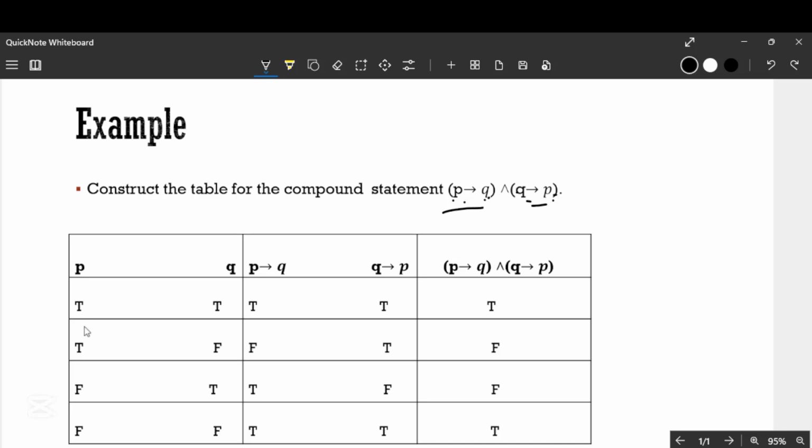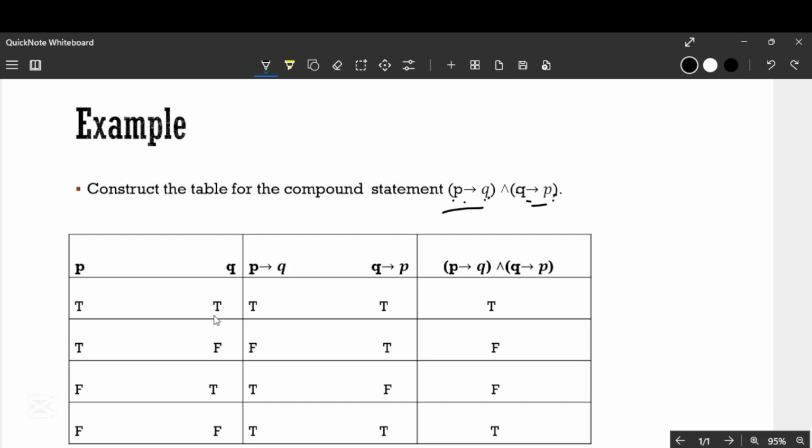So we generate the column for P as true, true, false, false, and for Q, true, false, true, false. Here the arrangement matters so as to avoid repetition.